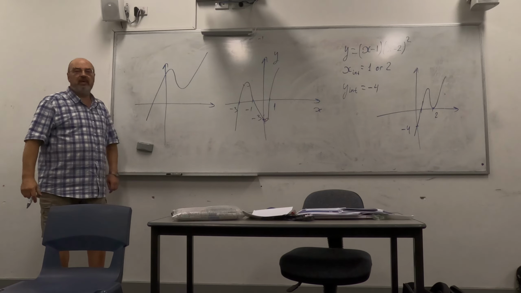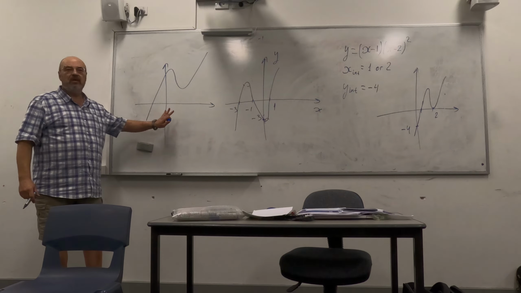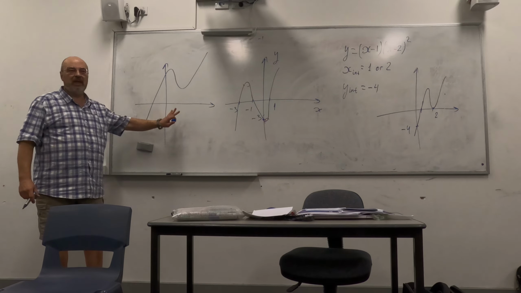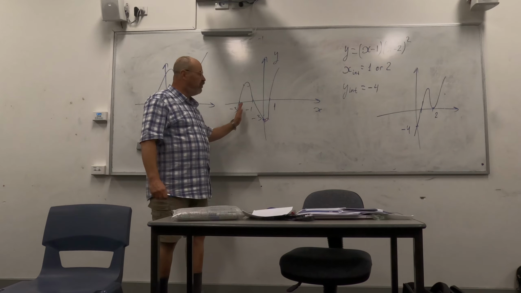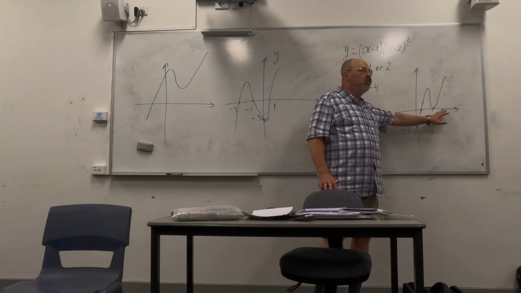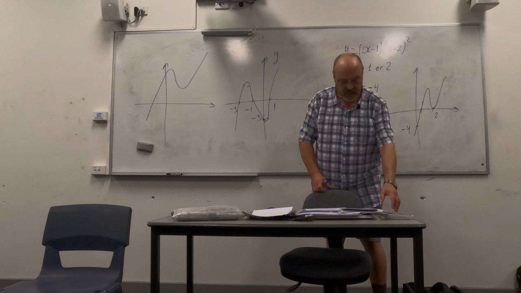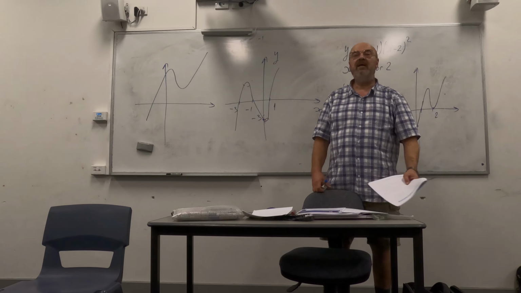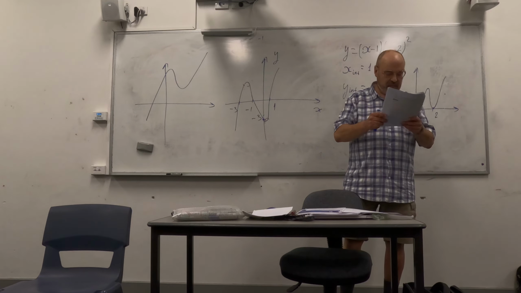It is still a cubic, but it will have one x-intercept. We will look into this kind more later on. For now, we're focusing on when we have 3 x-intercepts, or 2 x-intercepts with one factor repeated.